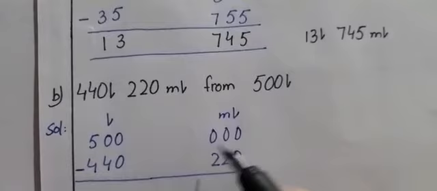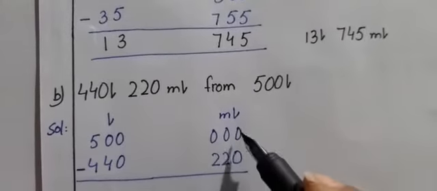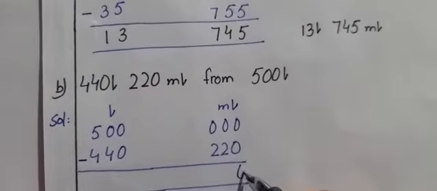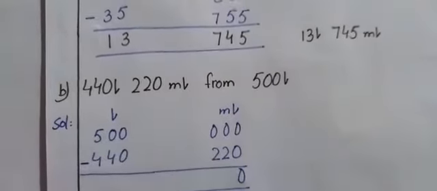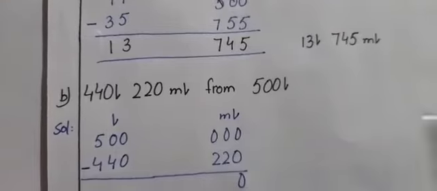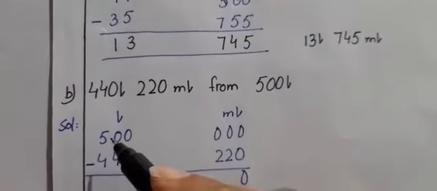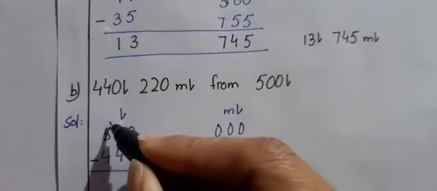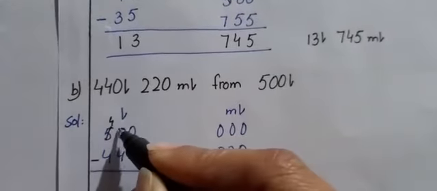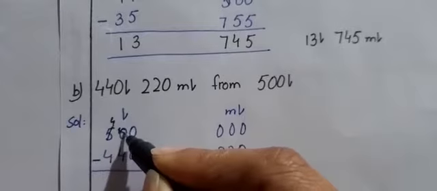So let's subtract 0 from 0 is 0. Can we subtract 2 from 0? No. So we will borrow from the neighboring digit, and all the neighboring digits except 5 are zeros. So this 5 will become 4. It will give 1 to this, and this is 10.